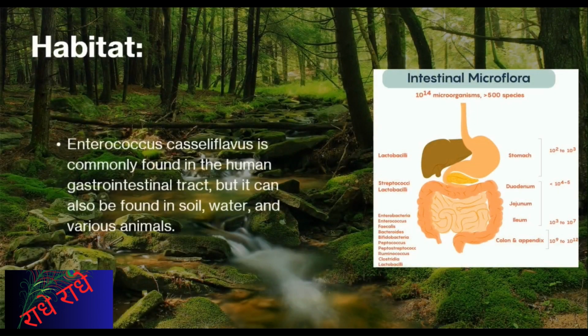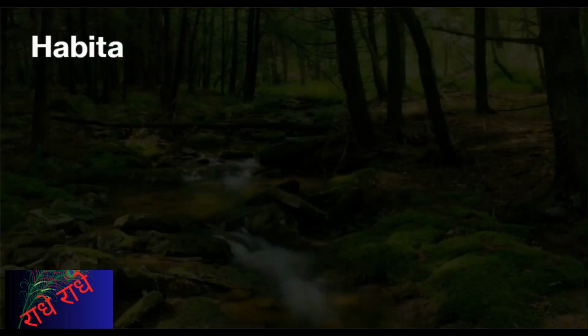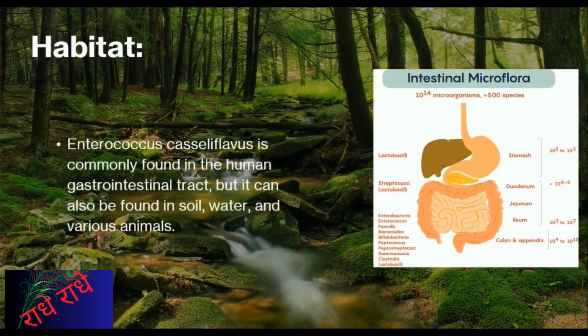Similarly, Enterococcus casseliflavus can be found not only in the human gastrointestinal tract but also in other environments such as soil, water, and various animals. This indicates that the bacterium has a wide distribution and can adapt to different habitats. In soil and water, it may play a role in nutrient cycling and decomposition processes.